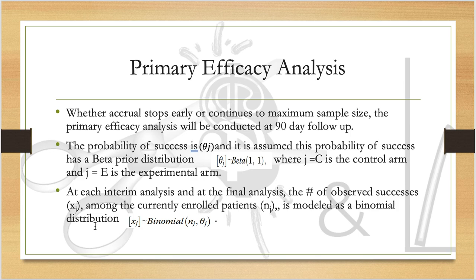At each interim analysis and at the final analysis, the number of observed successes, xj, among the currently enrolled patients, nj, is modeled as a binomial distribution. So we see here xj approximately equal to binomial(nj, theta j).